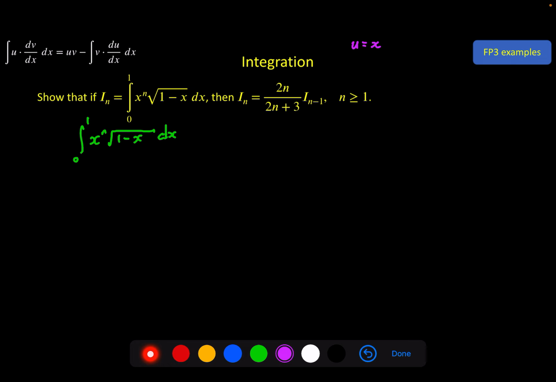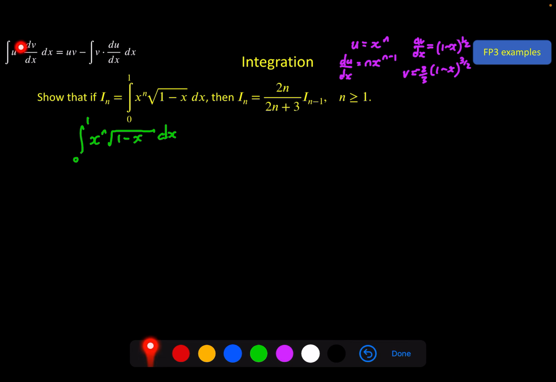So u is x to the n, so du by dx is n x to the n minus 1, dv by dx then must be 1 minus x to the half, and if I integrate that, I get minus 2 over 3, 1 minus x to the 3 over 2. I'm assuming that that's okay, I don't need to explain where that came from.